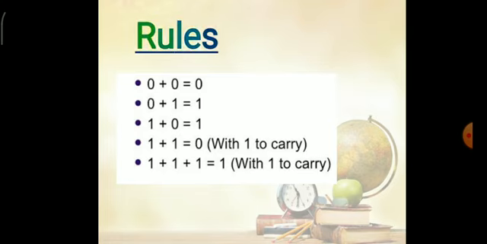It means when you add a binary 1 with a binary 1, it will give the result as 10. At this time, we will write 0 and carry 1 to the next column.